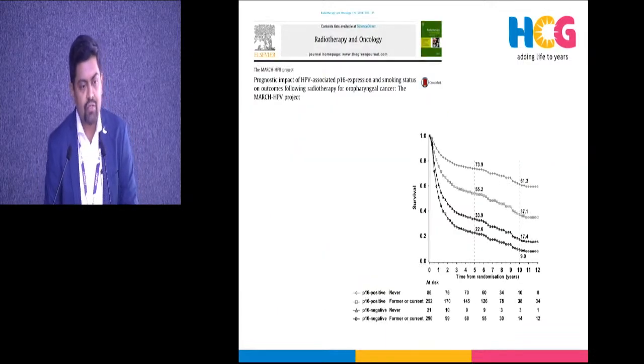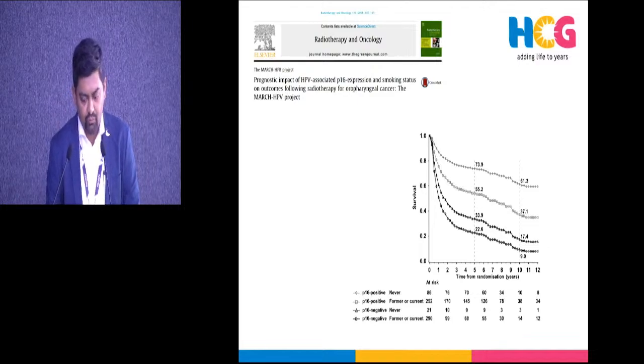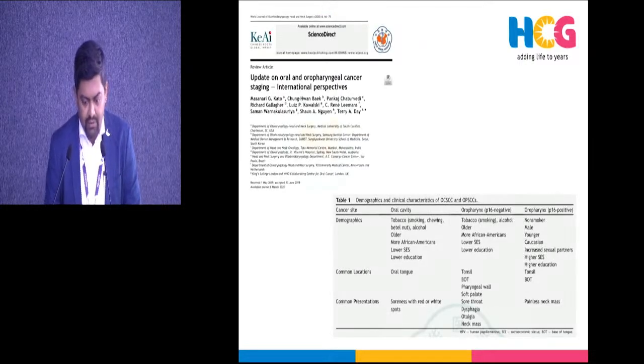The tobacco association has also been proved by the March HPV project. So once you have a classic P16 positive and never smoker, or no tobacco association, then only you can see in the curves how their survivals are changing. The moment, even with P16 positive, you have tobacco association, it is dipping in the curve. Now there's a perspective to it.